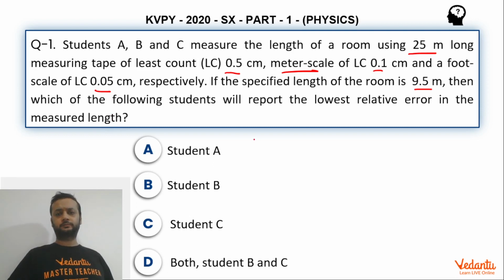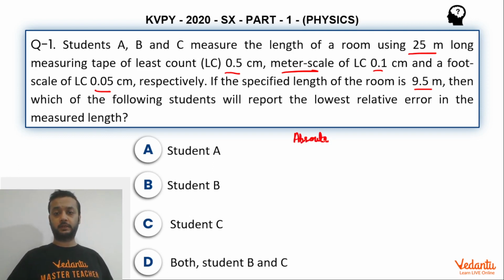Now each of them is going to measure the same length, 9.5 meters. So we can say that the mean value of the length will be the same for all of them, 9.5 meters. So whichever student has the maximum absolute error will have the maximum relative error as well. Because if you remember, the relative error is defined as absolute error divided by mean value.